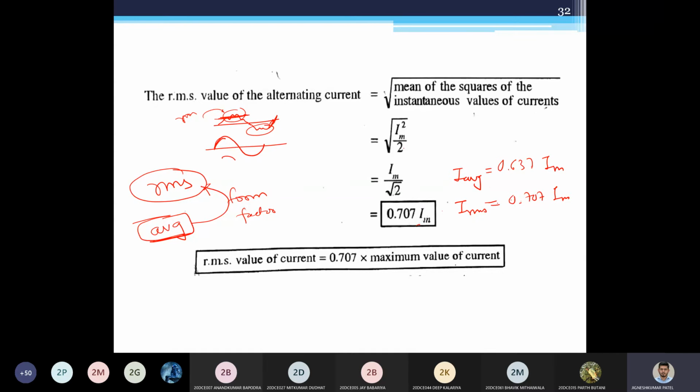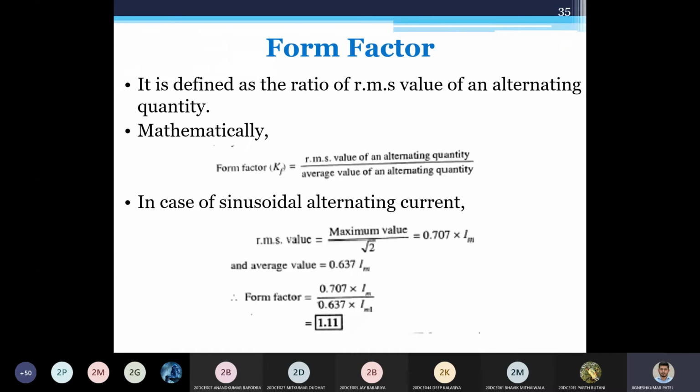And to relate that, we have this form factor. The form factor is actually the relation between the RMS value and the average value. So it is the RMS value divided by the average value. So in our case, that means sine wave. For a triangular wave, your RMS and average values will be different.